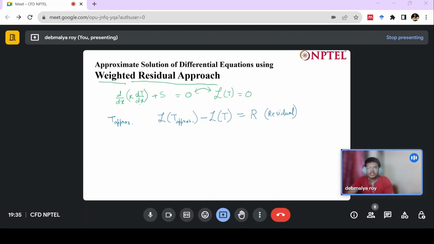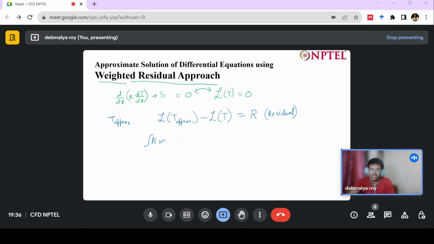Now to solve this particular equation, it means that this R needs to be minimized, preferably to 0. And in the weighted residual approach, we basically do that. What we do is integrate this R, the residual, with a weight function attached to this.